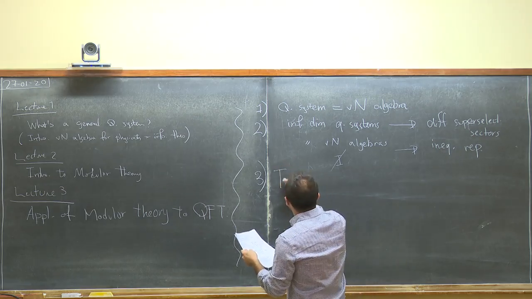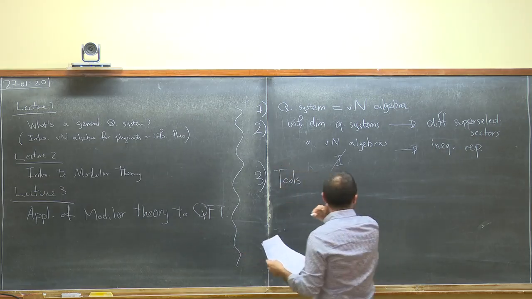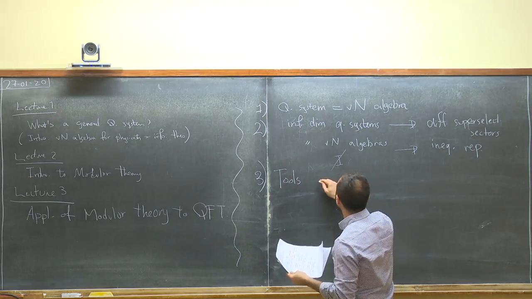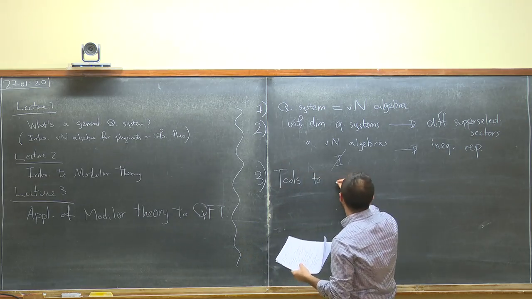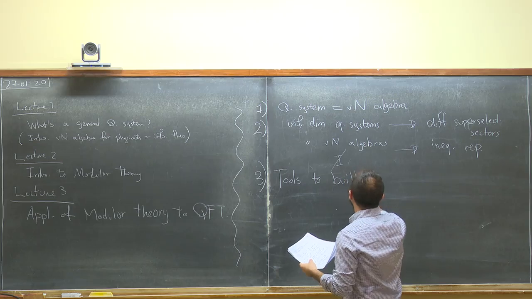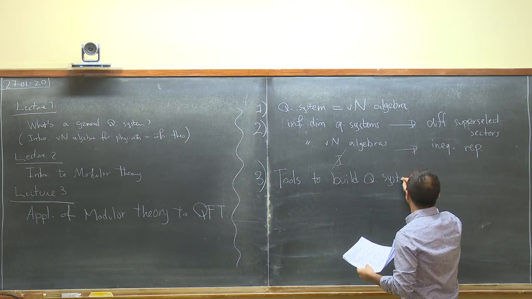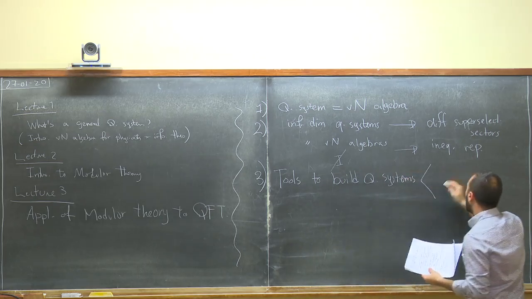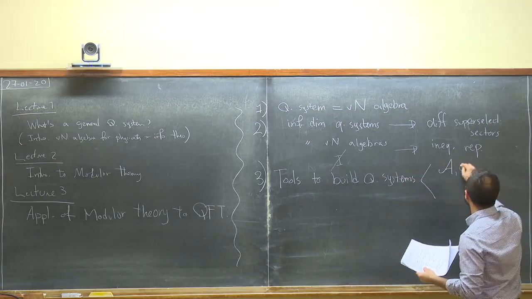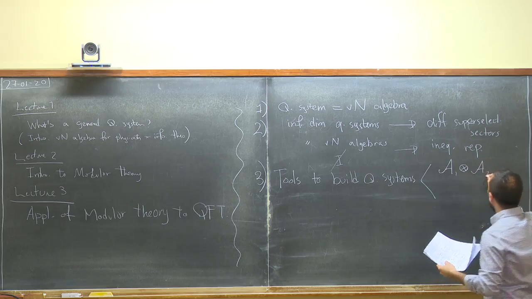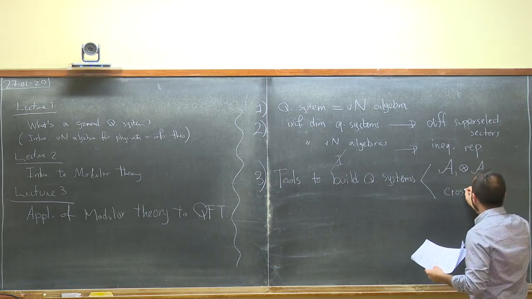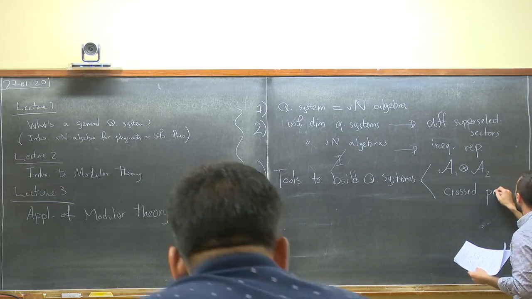Then I would like to highlight 2 important tools that we have to cook up or build general quantum systems. One of them is very trivial, it's tensor product. And the other one is the thing that is less known, maybe.